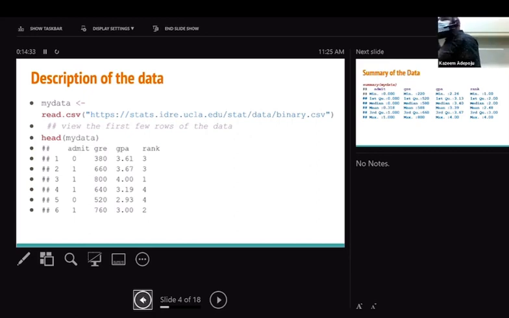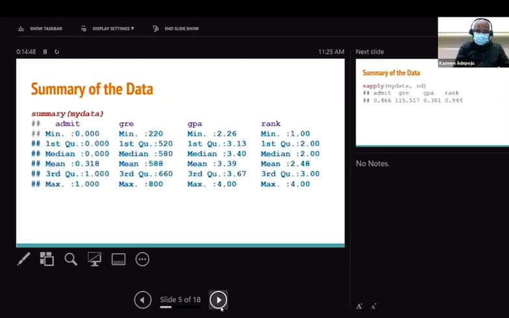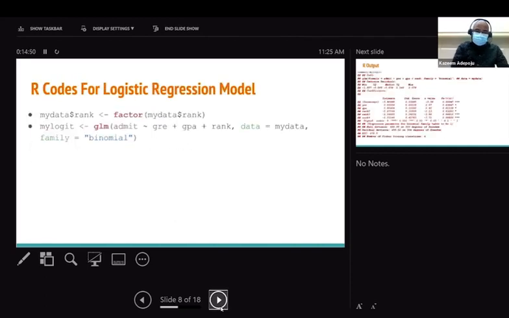The GRE and the GPA are quantitative predictors, but the rank is categorical. So I need to tell our software that, okay, you know what, I want you to treat rank as a categorical predictor. And that was why I put mydata$rank <- factor. So I'm trying to say, treat this predictor as a categorical variable.